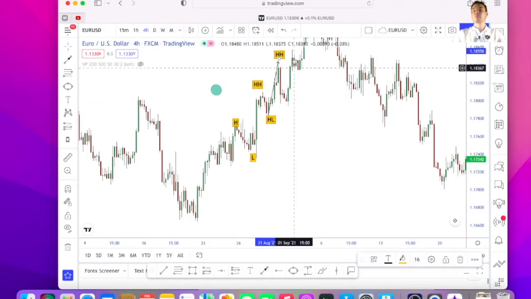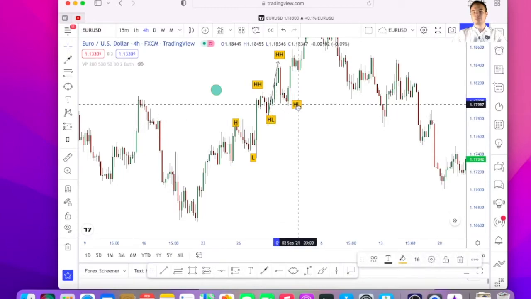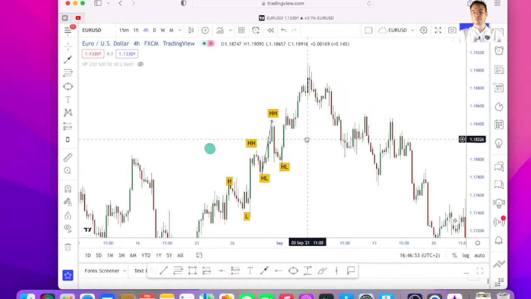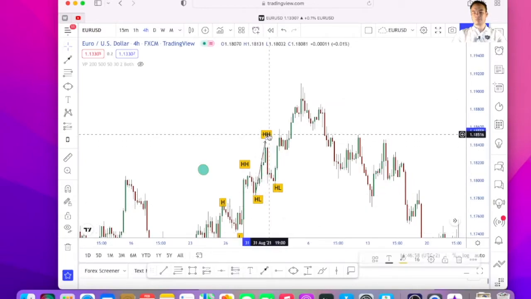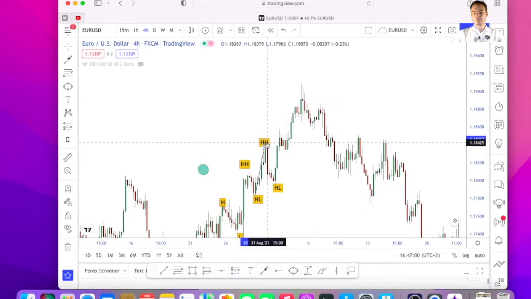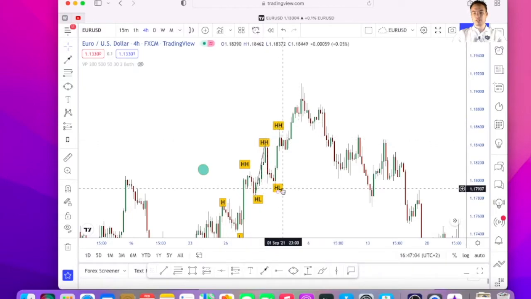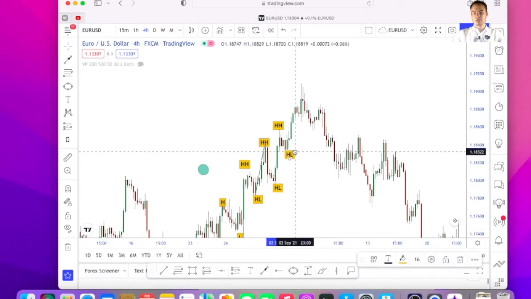Came down, continued up, new higher low. Continued up. Continued up, higher high. Retracement, higher low. Continued up, higher high. Good.